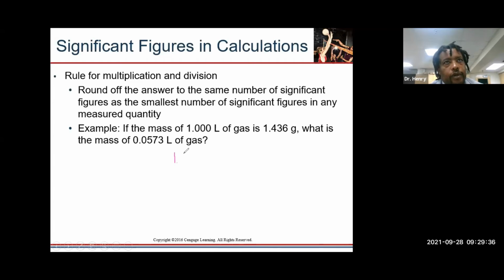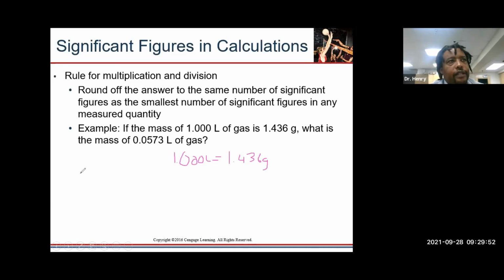So we know that 1.000 liters is equal to 1.436 grams.